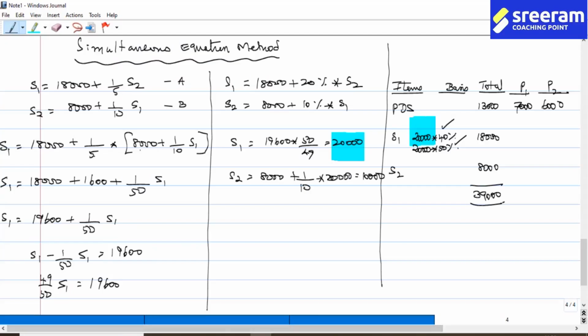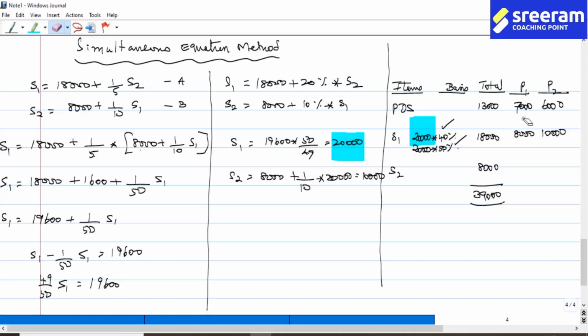So 20,000 into 40% is 8,000. 20,000 into 50% works out to 10,000. Here we are very fortunate that this total is getting matched, but not in every problem will it match. It is rather unfortunate to find that the sum of these two is matching.